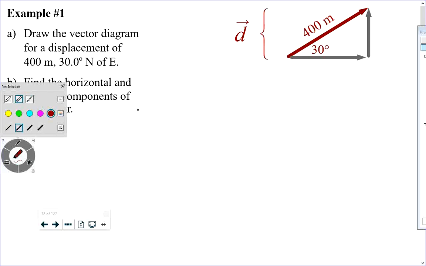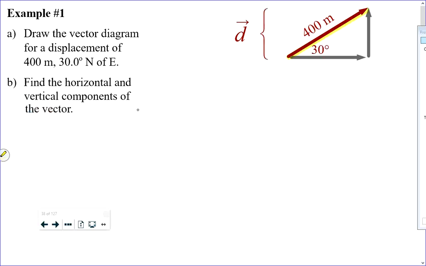I'm not content with just saying that and moving on. What I've got in yellow is what really happens to the object, right? And the object ends at the end of that arrow. So if you walked along that line, you would end at the end of that brick-colored arrow.